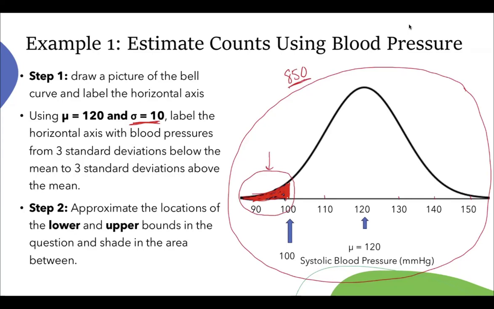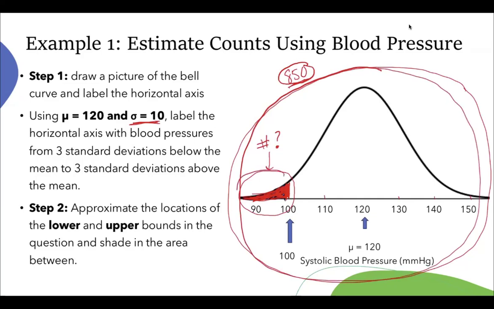But it's not going to be a number between 0 and 1 because I'm not asked to find proportion or probability. I'm asked to find the number of people. That's the question. If the entire curve is 850, then how many people are represented in this shaded area here? That's what the question is asking us to solve.